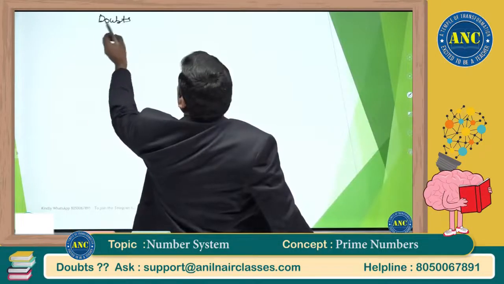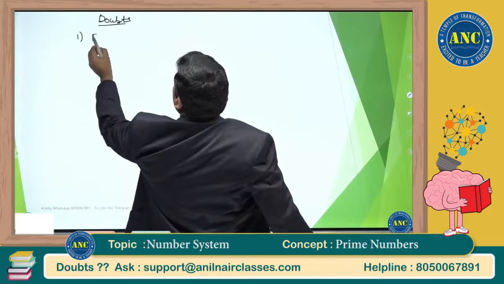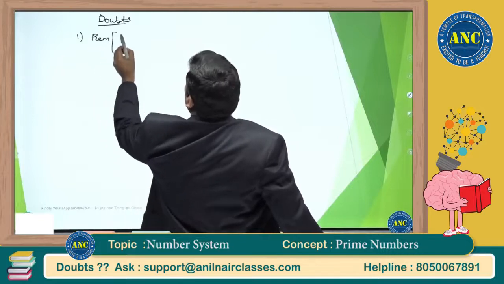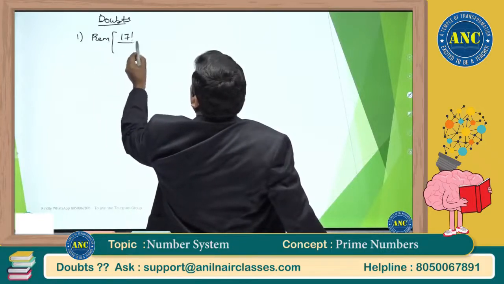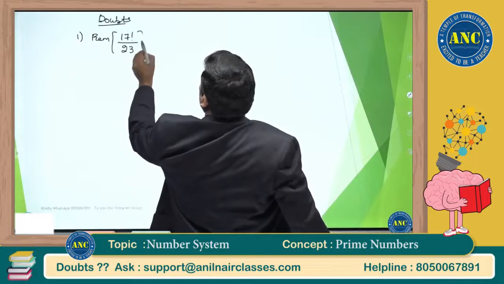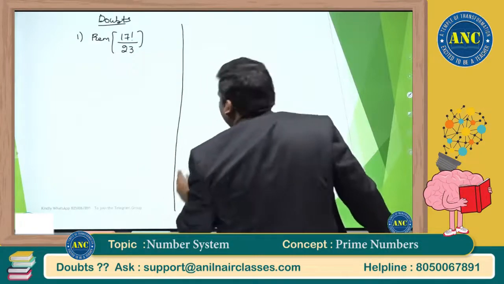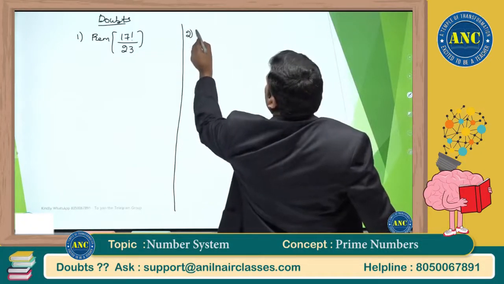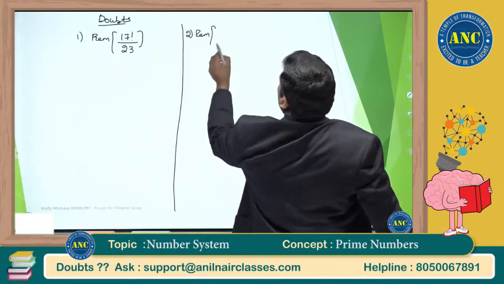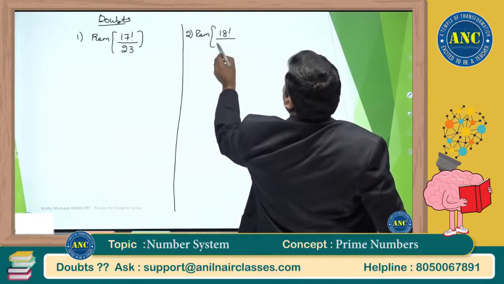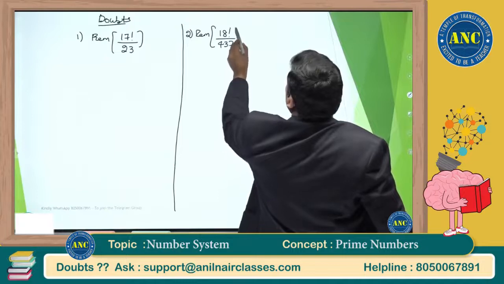It's asked by a student. The first doubt is, sir, what is the remainder when 17 factorial is divided by 23? Second doubt, sir, what is the remainder when 18 factorial is divided by 437?